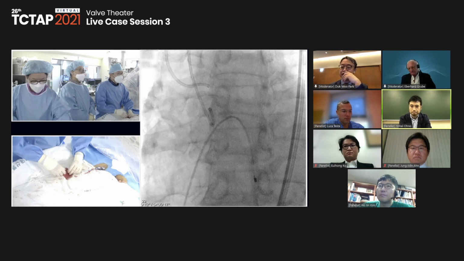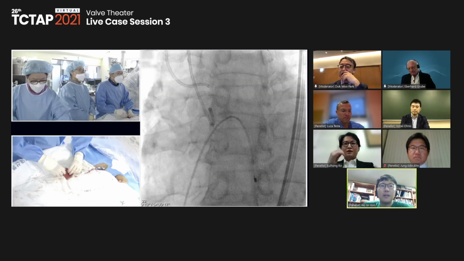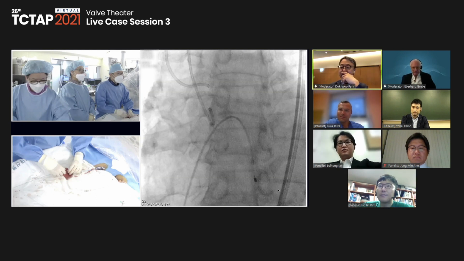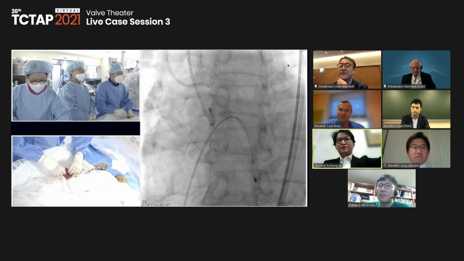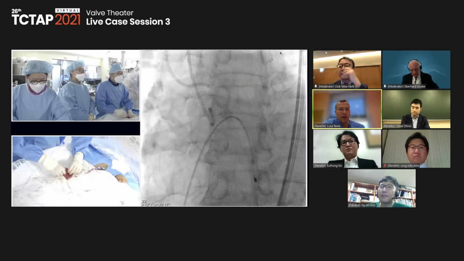Okay, good. Can I ask one question? How do you assess the access site without the contrast CT? How do you decide the access site? What we usually do is we look at the calcification, and of course we select the access with less calcification.